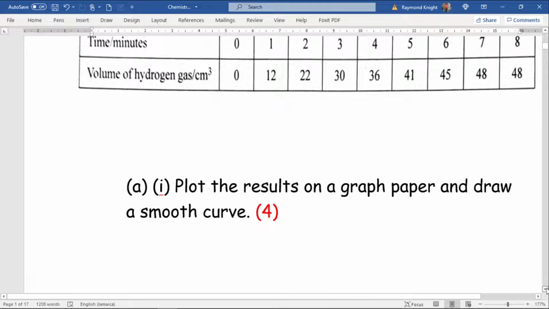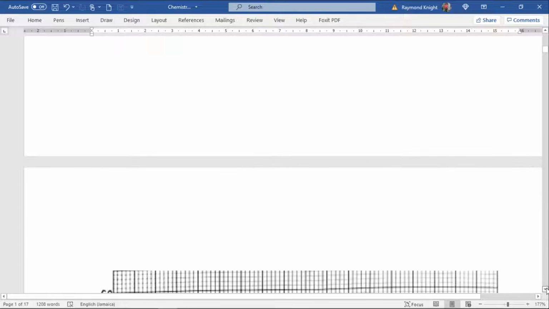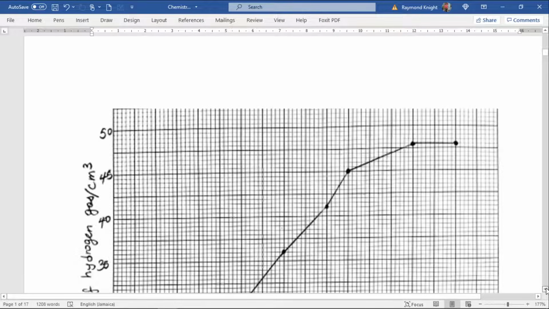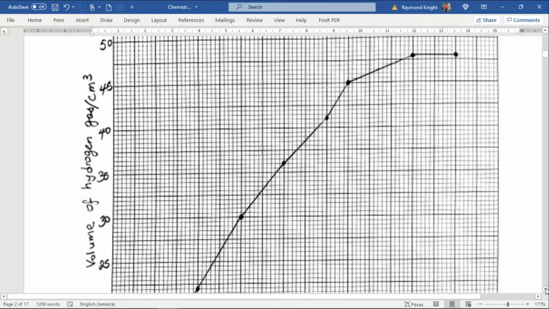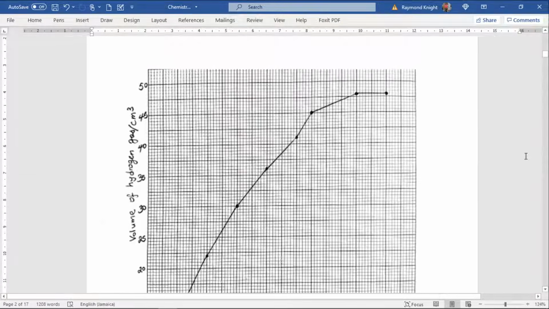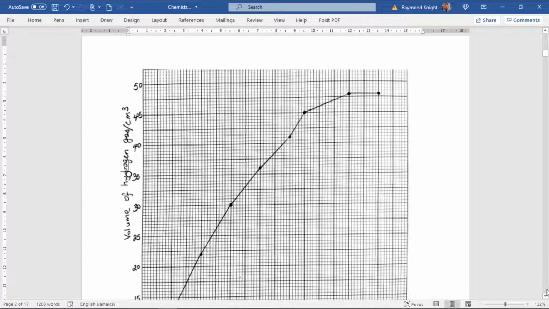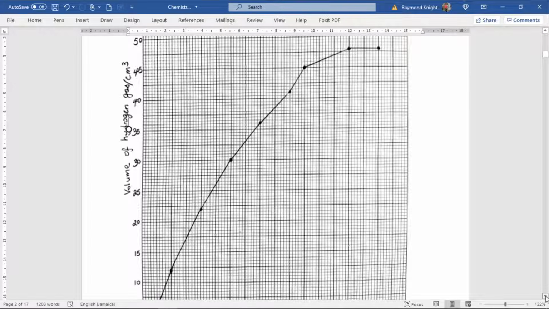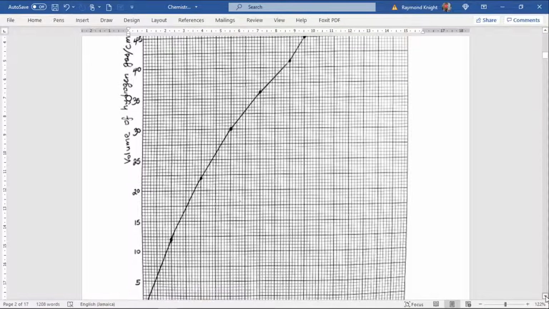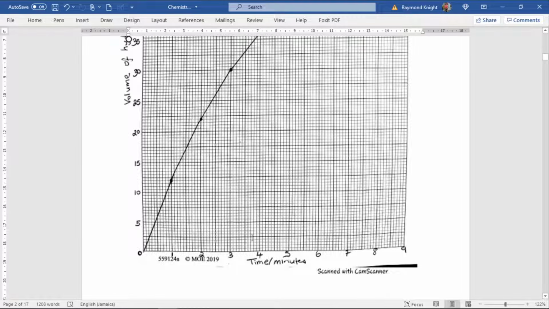To save some time, I have gone ahead and plotted my graph, but I'm going to outline what you need to have in a graph. Let me zoom in a little bit and show you exactly. You need to have your axes labeled first and foremost, and properly scaled.